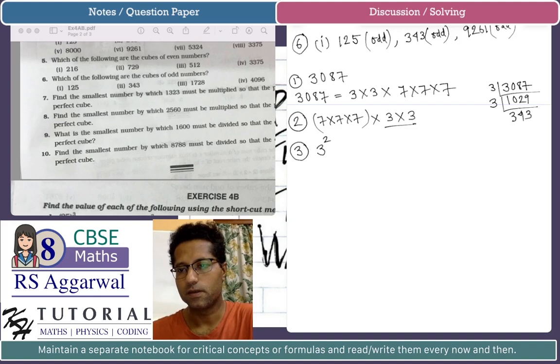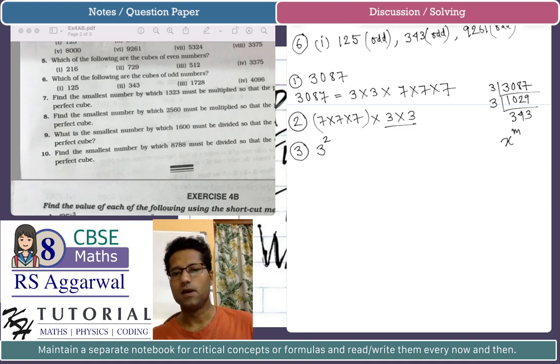In the notes I have referred to these as x to the power m, where x is a prime factor of the given number.